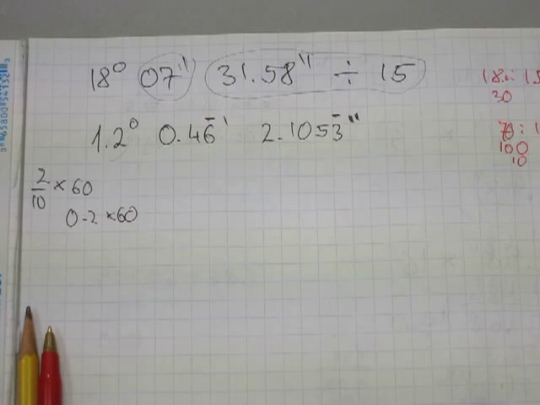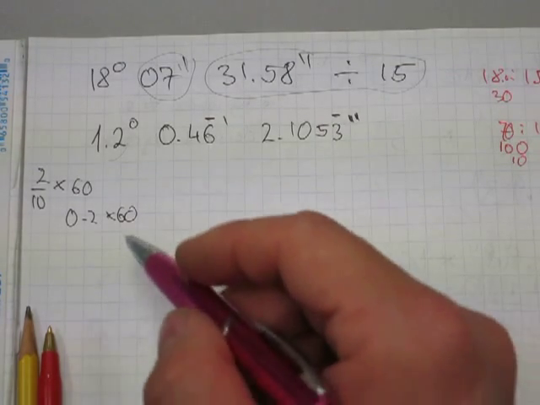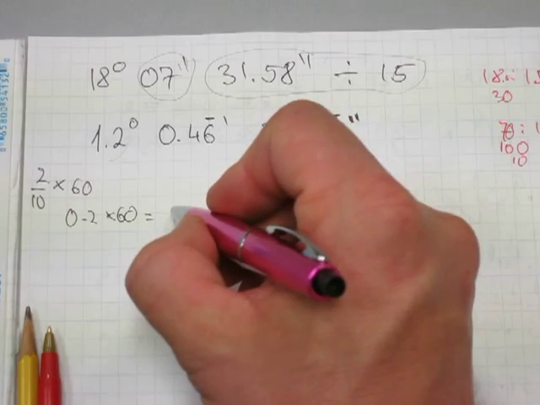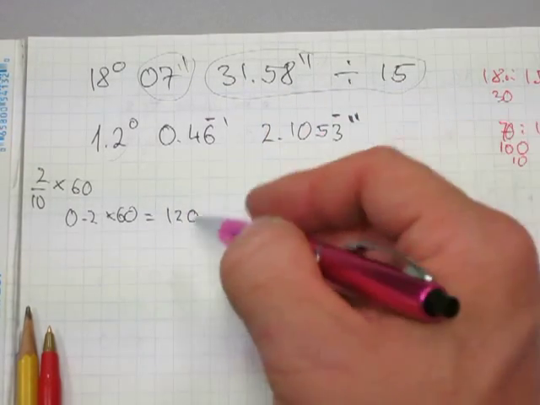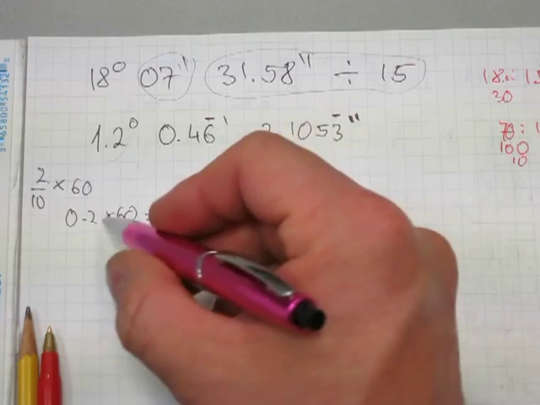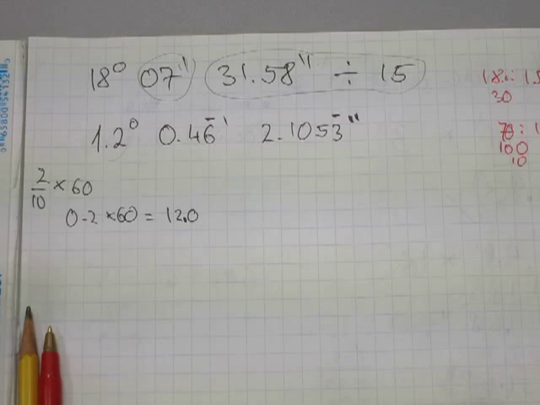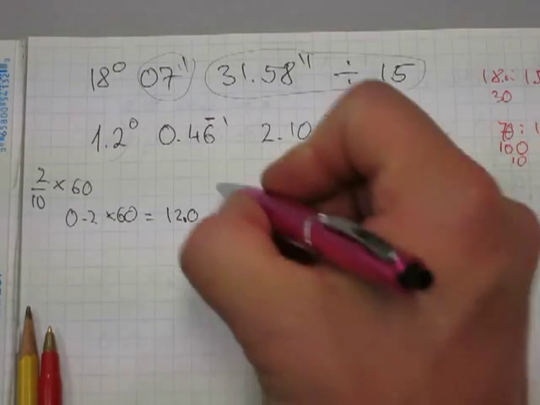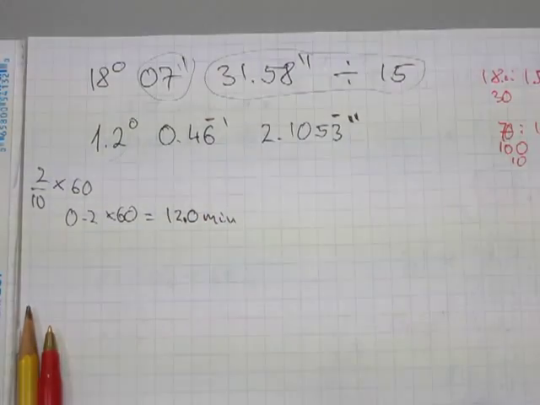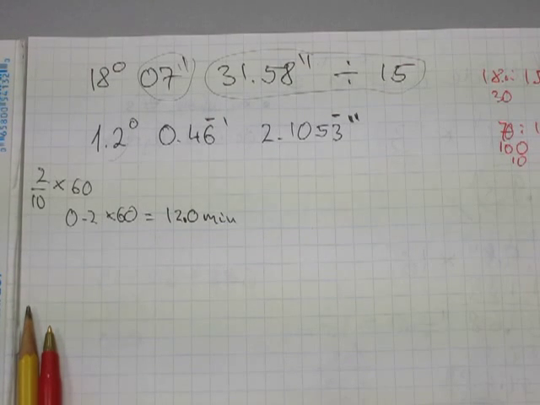This connection to grammar and language can be seen in other titles that I made. 0.2 times 60 is 2 times 6 is 12, plus the 0 from the 60, and the answer has 1 decimal place because the multiplicand has 1 decimal place there. The answer is 12 minutes. 0.2 degrees is 12 minutes.